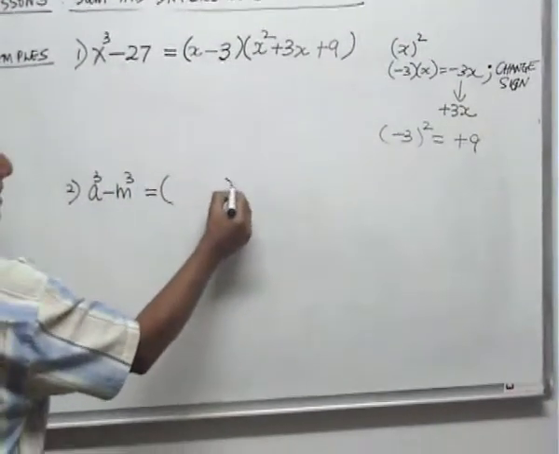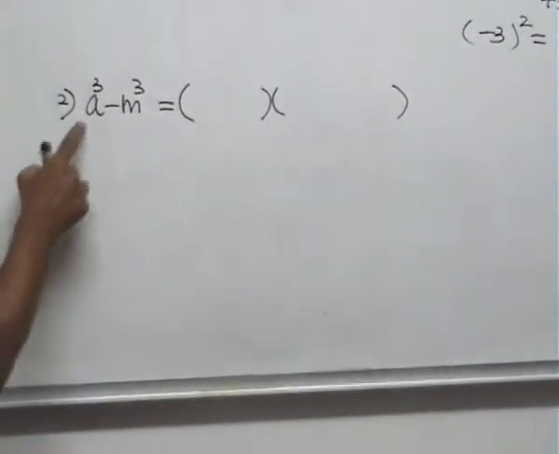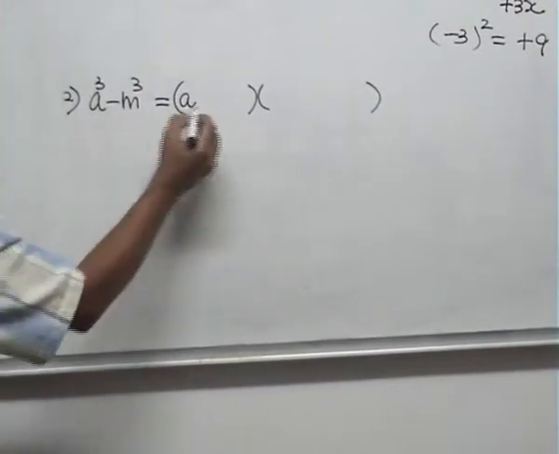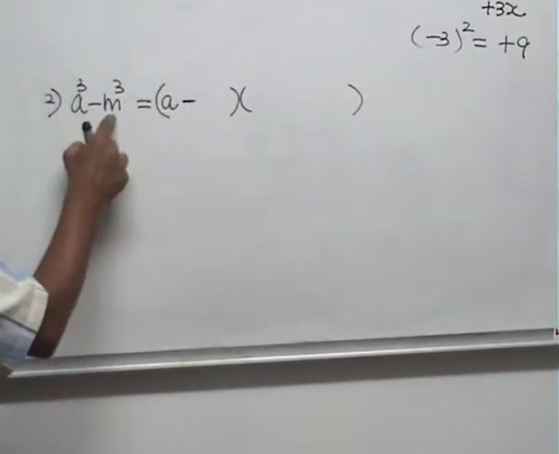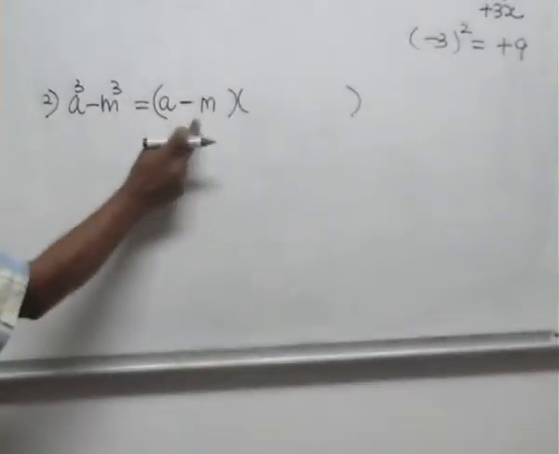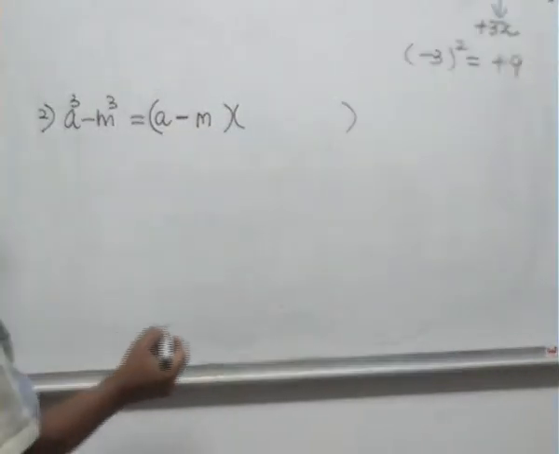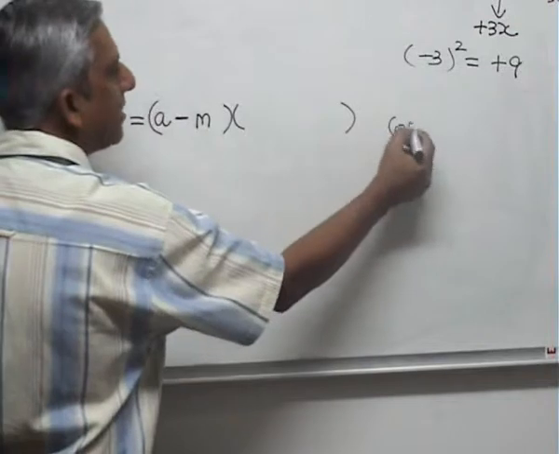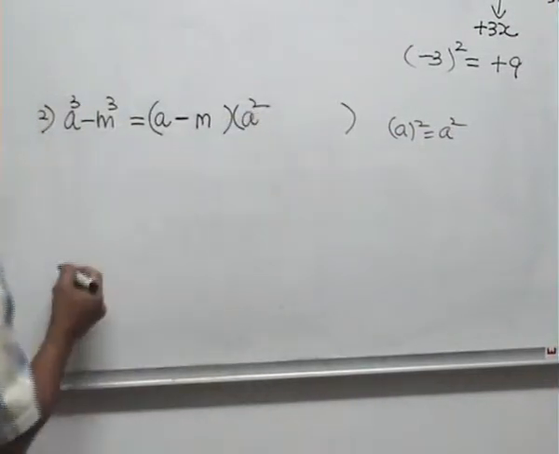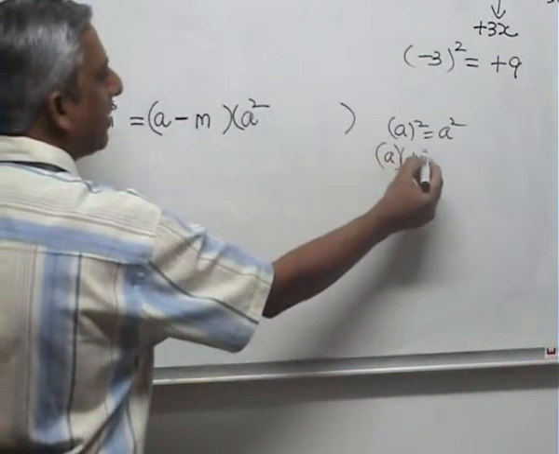So there will be one small bracket and there will be one bigger bracket. Cube root of a cubed, a. Minus sign, you write minus. Cube root of m cubed, m. Once you got this first bracket, it will help you to get the second one. Step 1, square the a. So you got a squared. Step 2, multiply a and minus m.